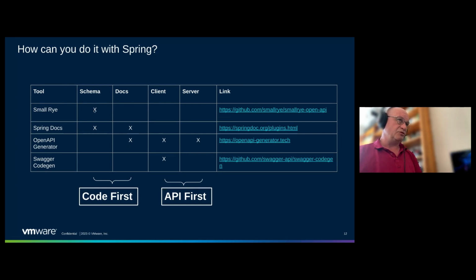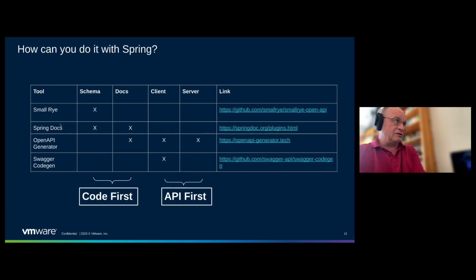So there's one called SmallRye, which probably isn't very widely used, but I found it interesting because it works at build time. At build time, you can transform your Spring controllers into JSON. And that's quite a useful thing to do. Static analysis, basically, so it should be possible at build time.